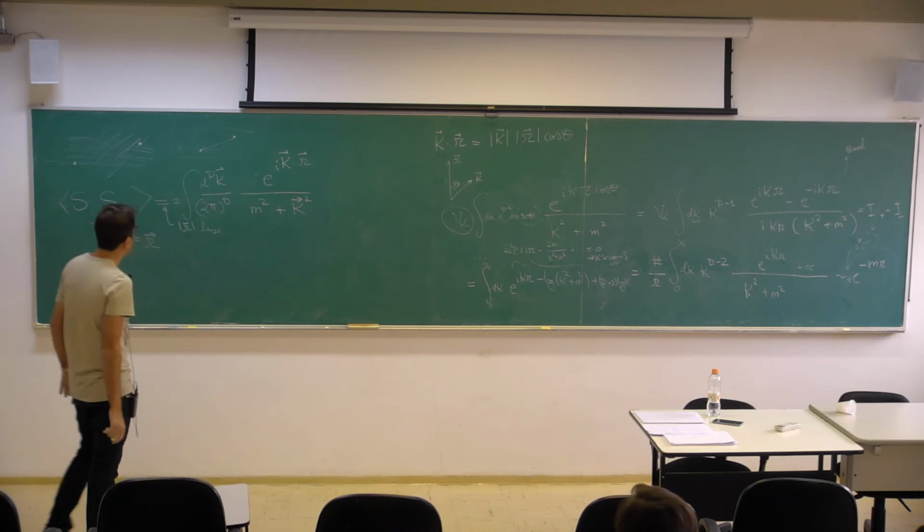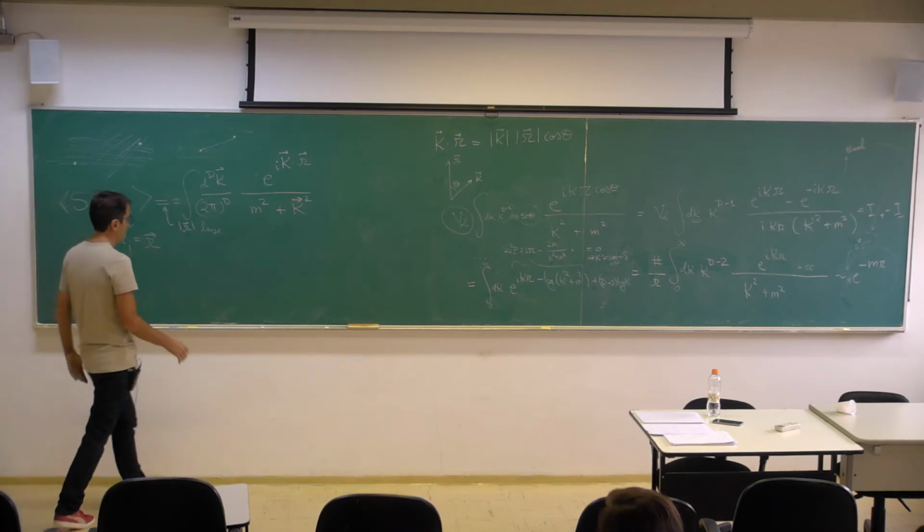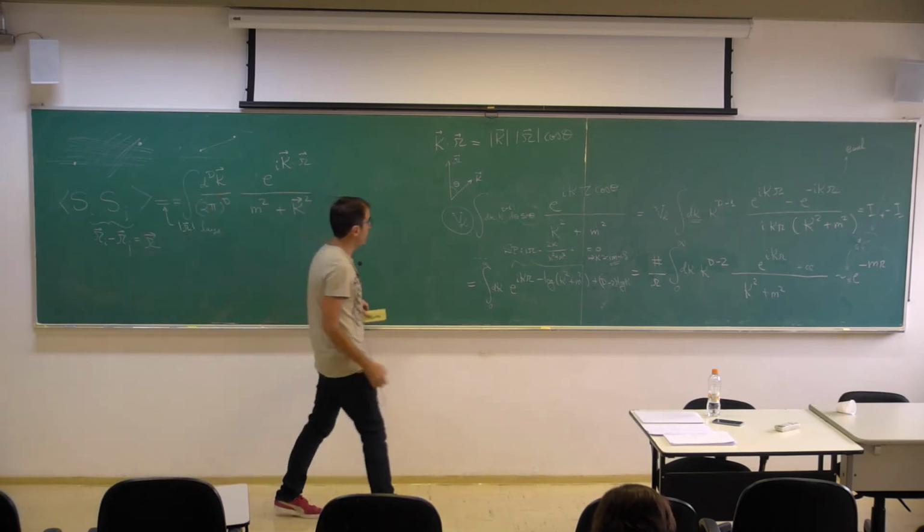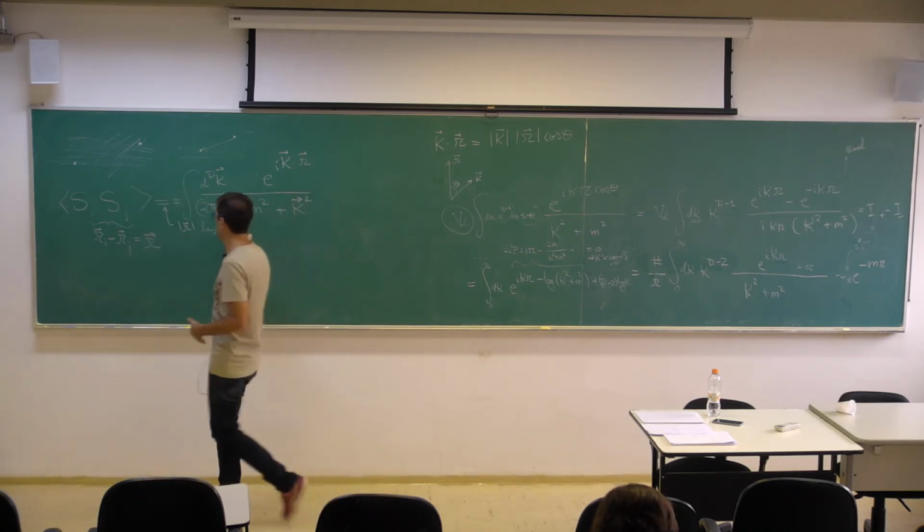Yeah. Let me show you another way of computing that I think is quite useful to know as well, which illustrates a little bit this notion of the first singularity in the complex plane.